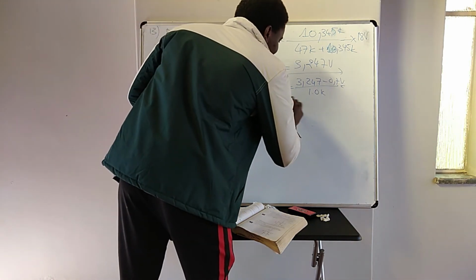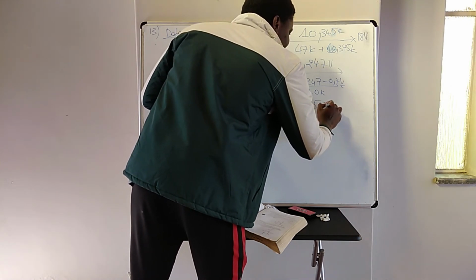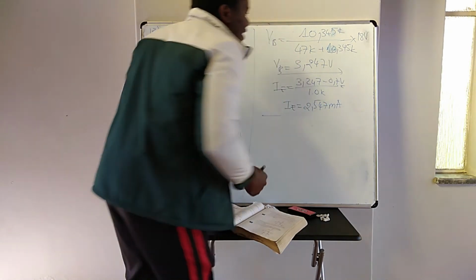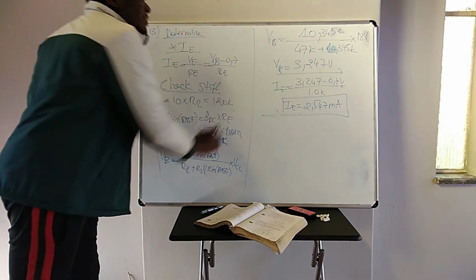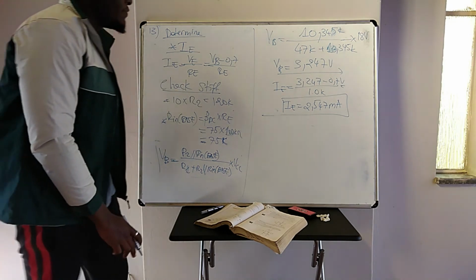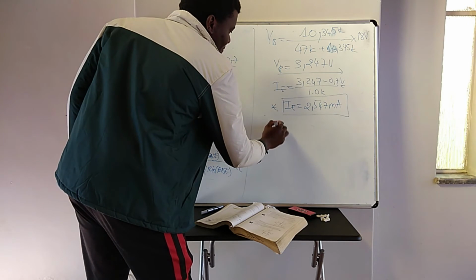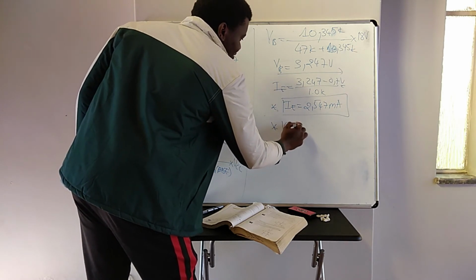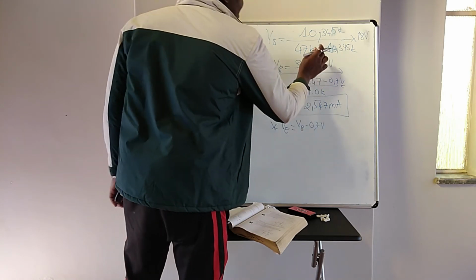3.247 minus 0.7 over 1. Guys, I got IE here. I got IE, which is 2.547 milliampere. So guys, you can see I got this answer now. So now, this is my IE. So my VE is going to be VB minus 0.7, which is this side.